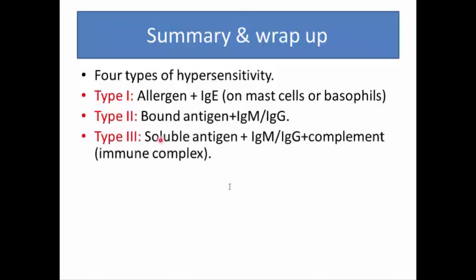Type 3, we have a soluble antigen in the presence of IgM and IgG, which will activate the complement. Complement C5a will attract the neutrophils to release the lysosomal enzymes and destroy the basement membrane of the blood vessel, and this is the immune complex type. Type 4, we have pre-sensitized T cells. The T cells on the first exposure are sensitized, and memory cells are formed.